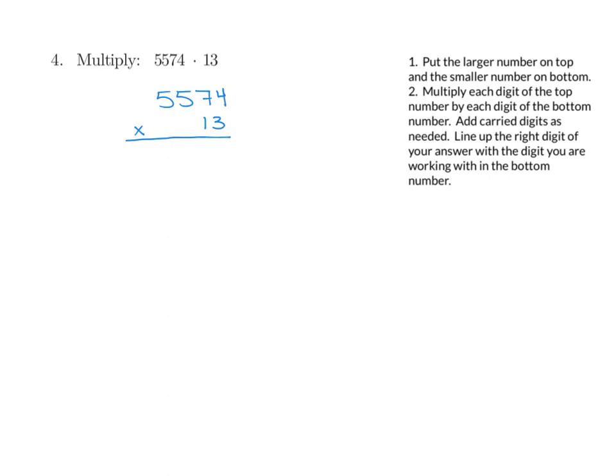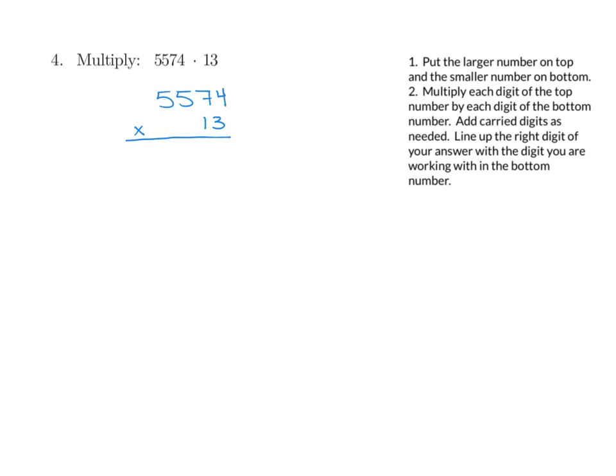We want to multiply each digit of the top number by each digit of the bottom number and add carried digits as needed. We want to line up the right digit of our answer with the digit you are working with in the bottom number.